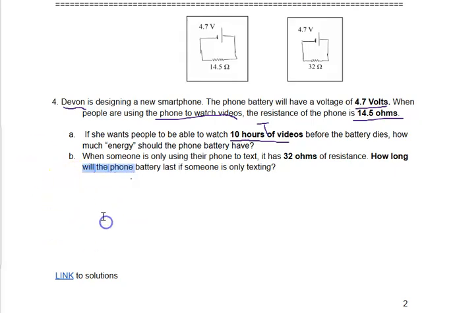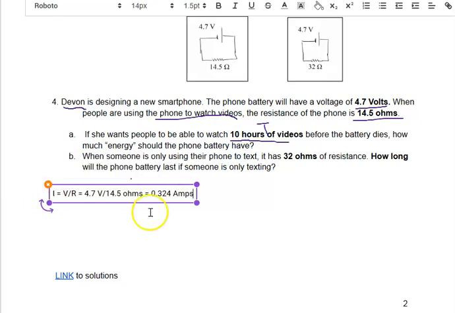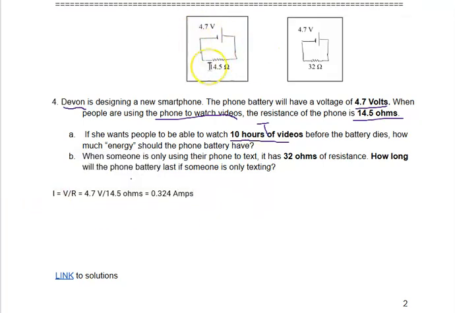So I equals V over R. And you can see we have the diagram up above. So 4.7 volts divided by 14.5 ohms is 0.324 amps. So that is the current in that single loop.